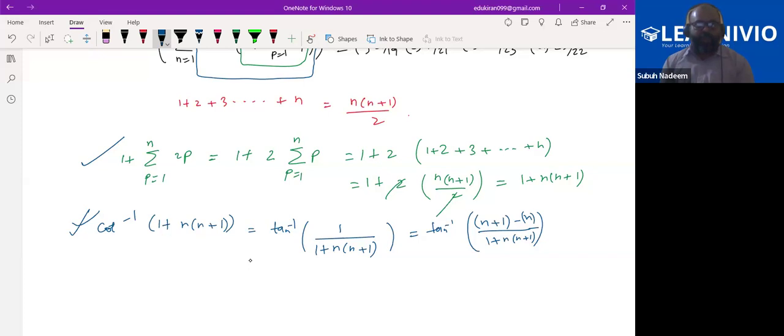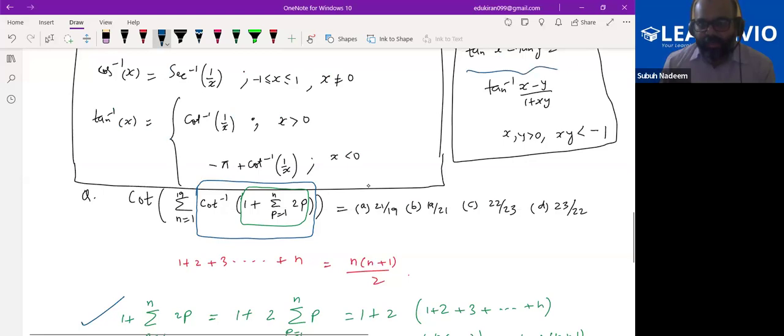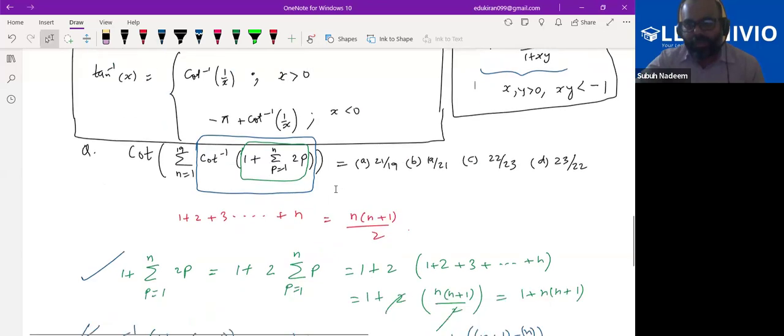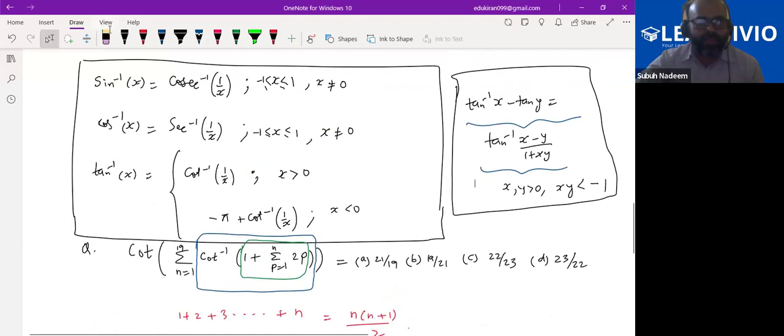And then if we see the formula here, tan inverse x minus tan inverse y is tan inverse of x minus y by 1 plus xy, where xy is greater than minus 1.